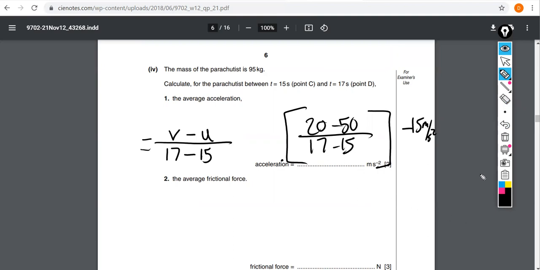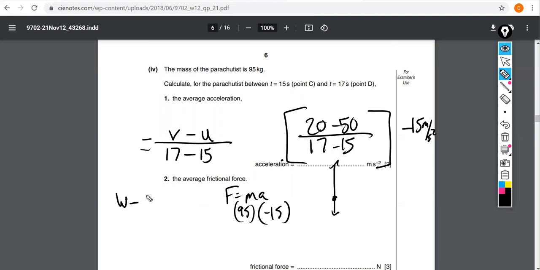The average frictional force, maybe we'll save for another day. How could we calculate that? Oh, wait, we can do it immediately. 15 times 95 will give us the net force, but we also have weight acting down. When the parachute is deployed, we're solving for how big the frictional force is.